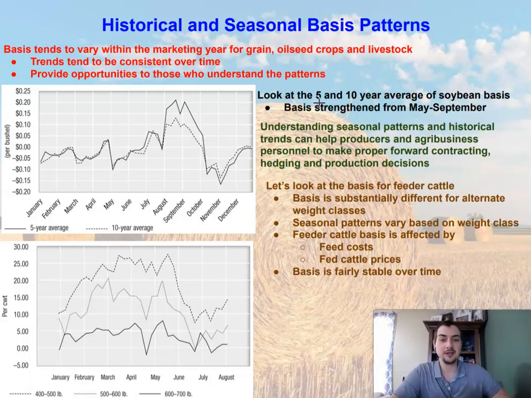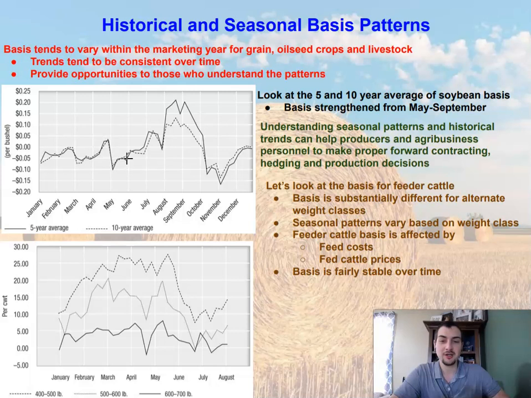So let's actually look at the 5 and 10-year average of soybeans. We're looking at this first graph right here. This first graph is the 5 and 10-year average of soybean basis, and we notice something. The darker line, this black line, is the 5-year running average. Now, this dotted line is a 10-year average.